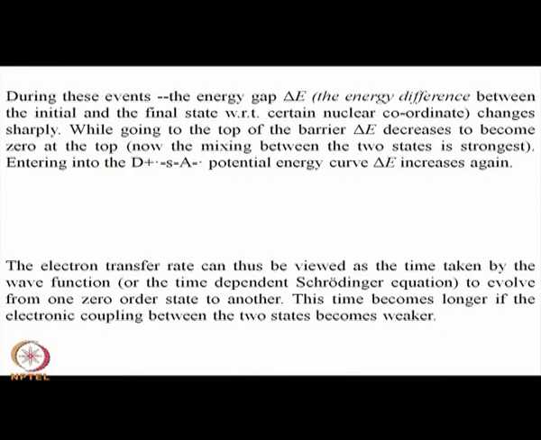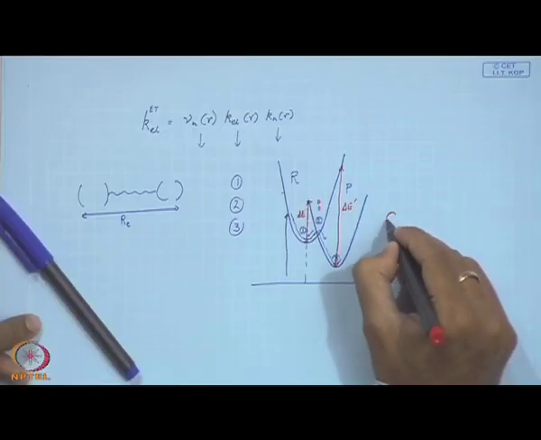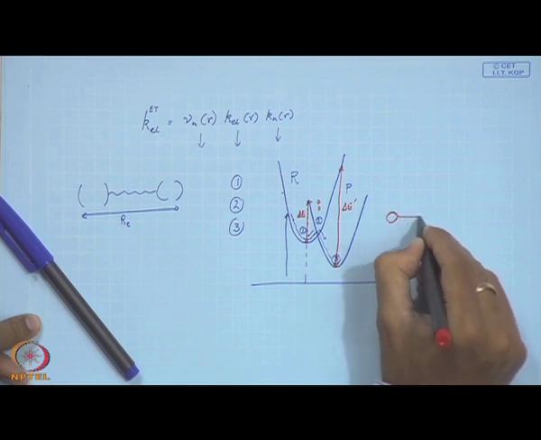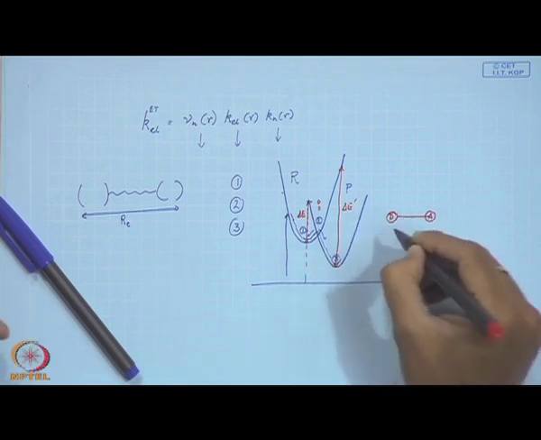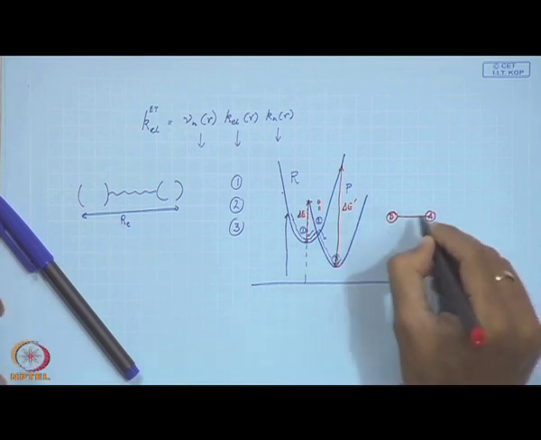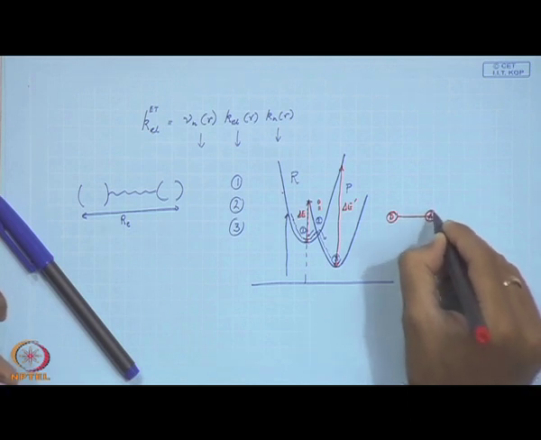Now, at the top, the mixing between the two states is strongest, so that you have a dumbbell kind of donor-acceptor electron distribution, with almost equal probability.